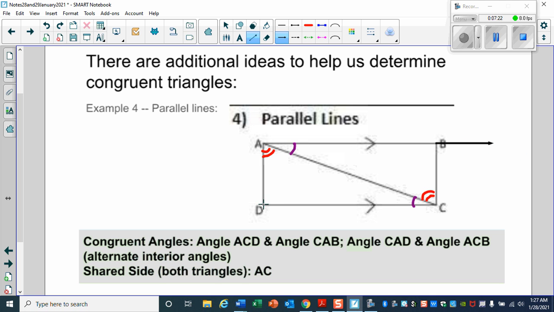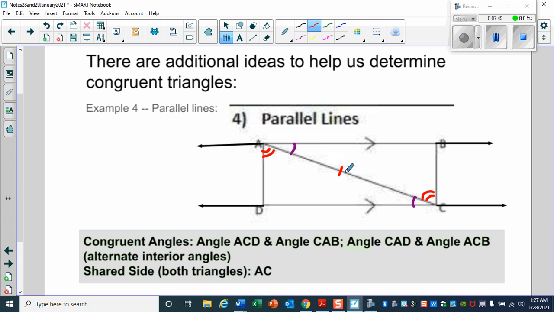Same thing here, and over here, and these lines sort of will too. But that will help us when we see that's where we get our alternate interior angles. That's where we get the relationship. And then in both cases, your shared side is AC.